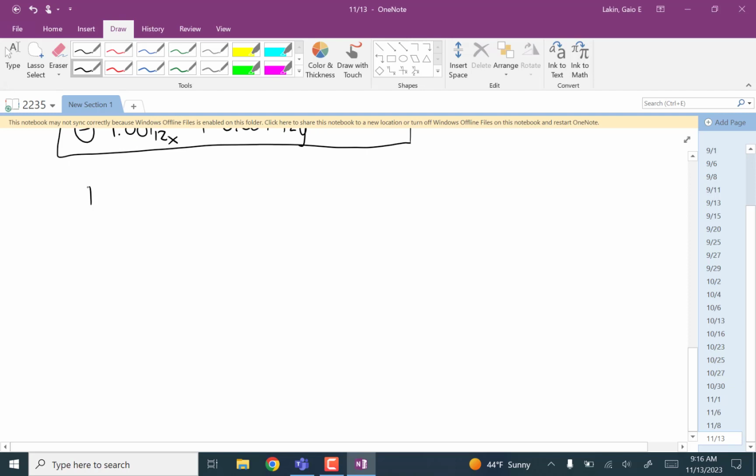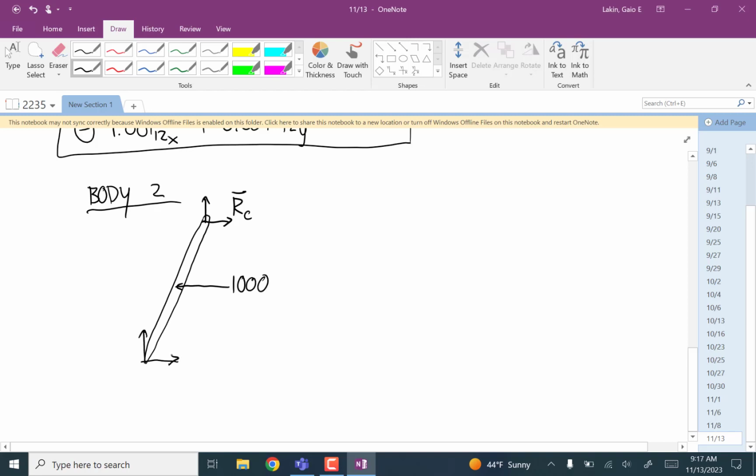Okay, so body 2. We have RC up here, a 1,000 Newton force at the midpoint. Down here we have negative force on 1/2, and we're not counting that 500 Newton force there.